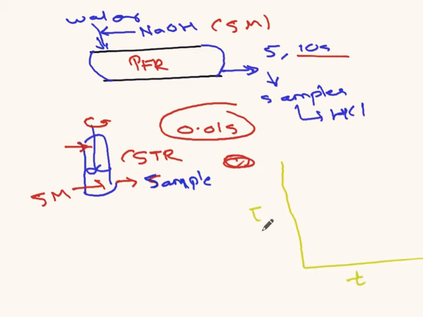So what I can say is, if I'm plotting T versus E(t) for the CSTR, so at zero time, my concentration will be the highest, say for example, 5 molar. Okay, as the time passes, as the water is continuously flowing in, the concentration will go on dropping and dropping and dropping.